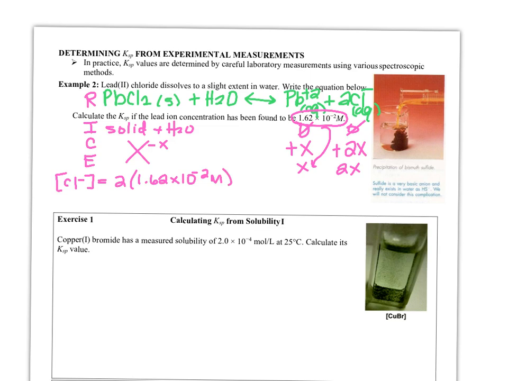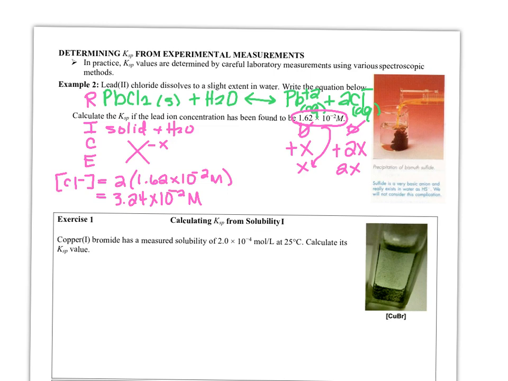So overall, my chloride concentration is going to be 3.24 times 10 to the negative 2 molar at equilibrium, right? So now I have my concentrations of both things at equilibrium.